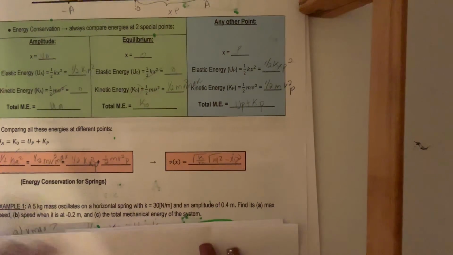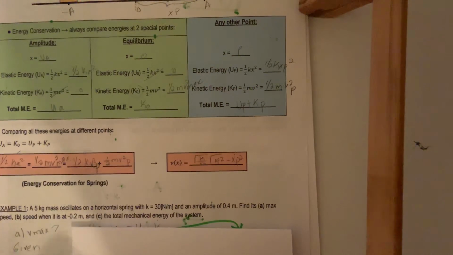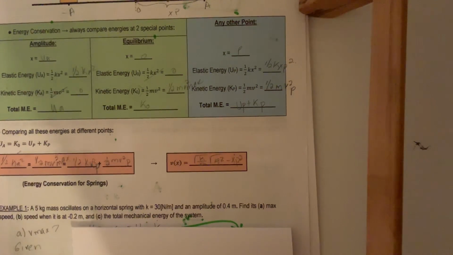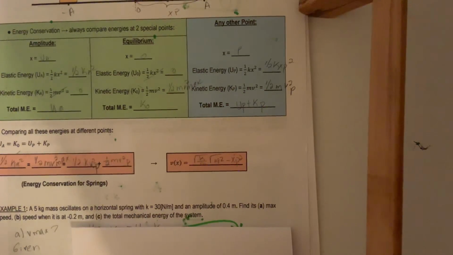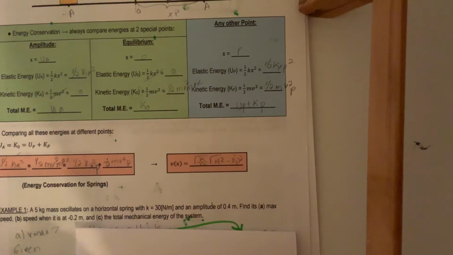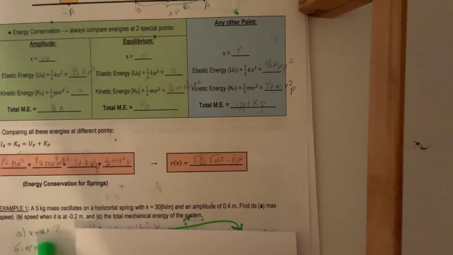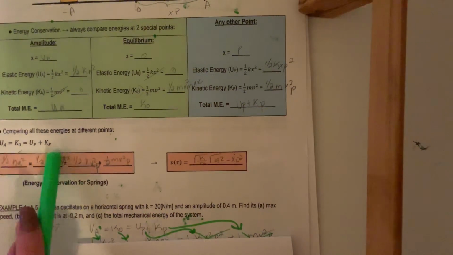So let's start by writing the given information. k is 30, amplitude is 0.4, and the mass is 5 kilograms. For A, we've been asked for v max, so we're going to write this equation.